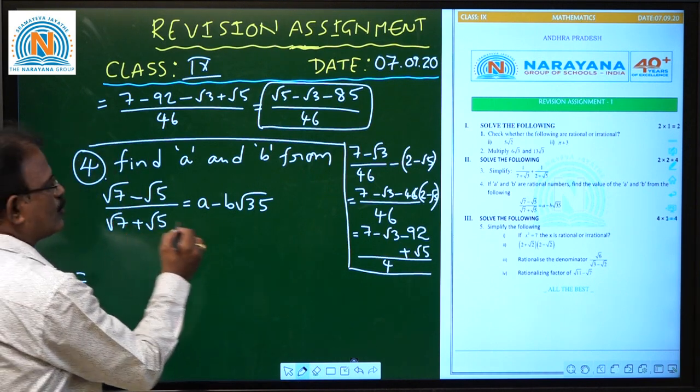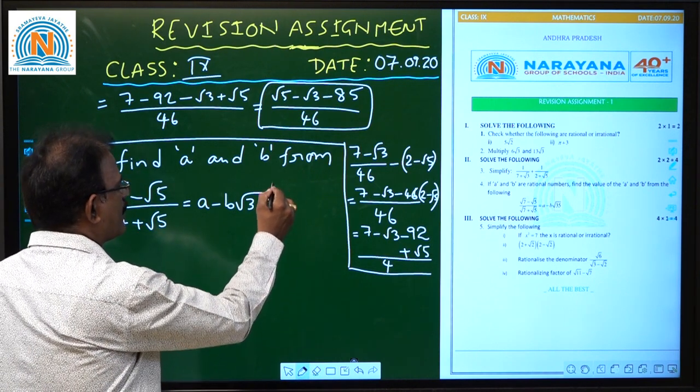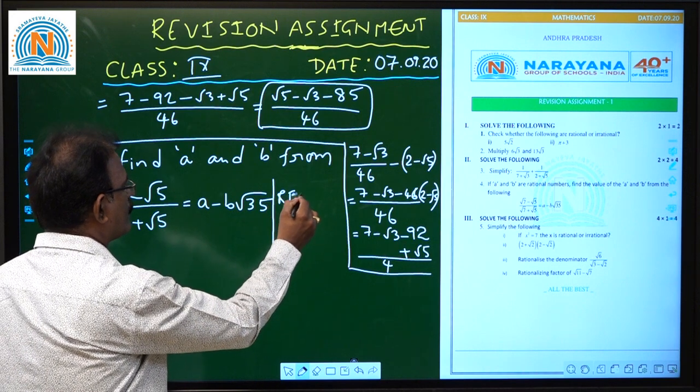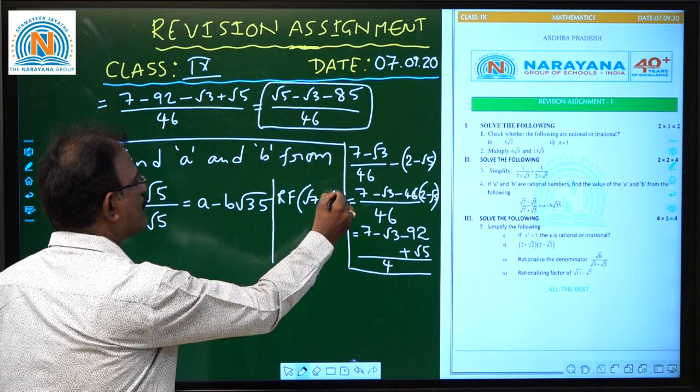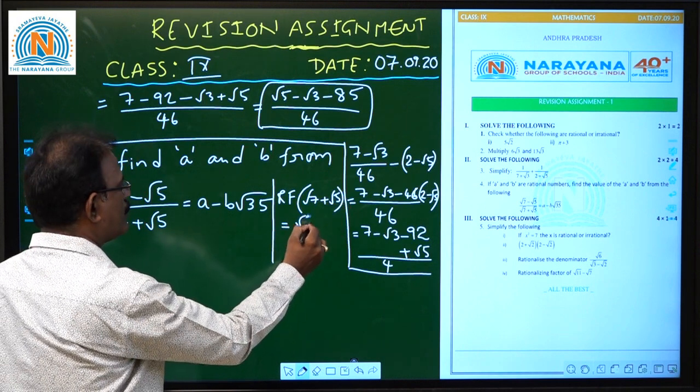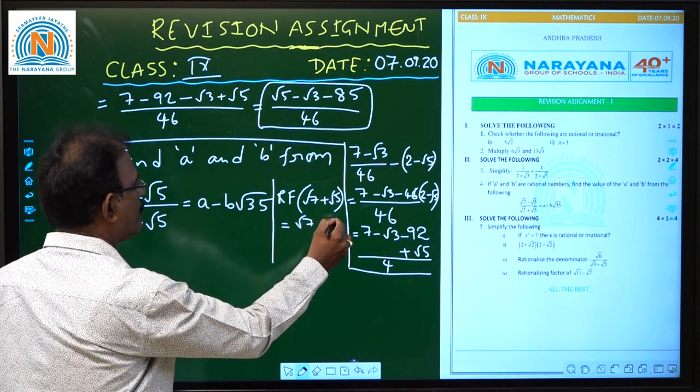Okay children, actually what is the rationalizing factor of root 7 plus root 5 children? This is root 7 minus root 5.